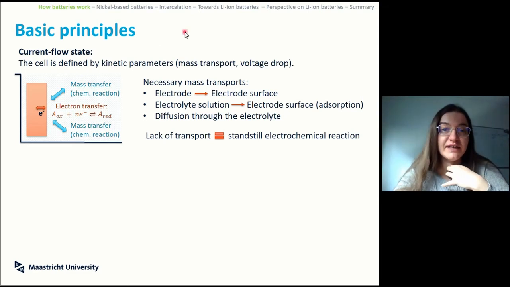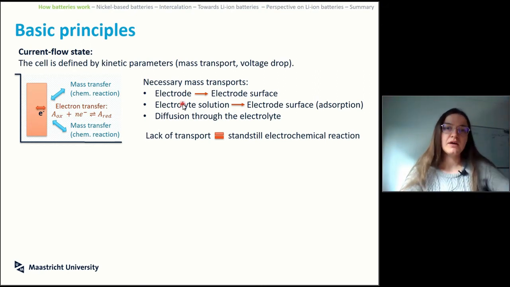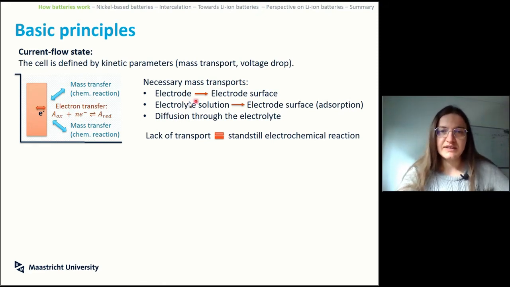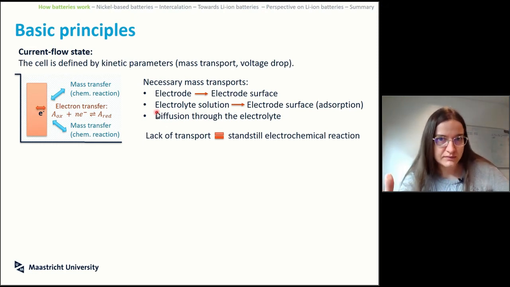So you have a series of necessary mass transport processes that must happen, because if they don't happen, your cell is not working, right? So this is a series of transports. If you block them, your cell has stopped working.